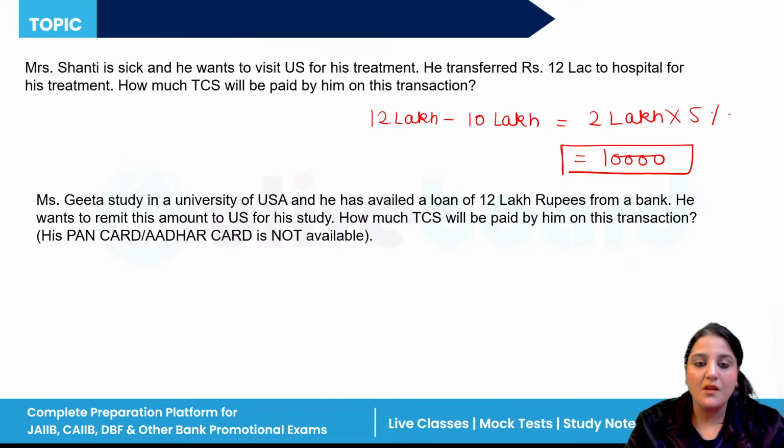Now, Miss Geeta, who is studying in a university, has availed a loan of 12 lakh rupees from a bank.